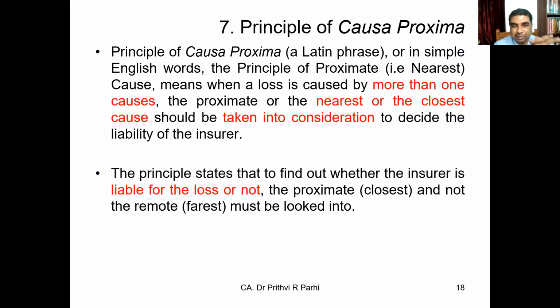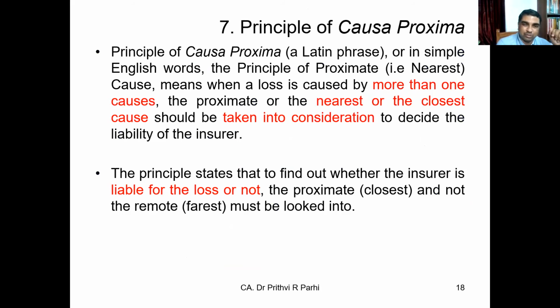The principle of causa proxima means the nearest cause. You must have observed that insurance policies are taken to cover various kinds of uncertainties. That means only those uncertainties which are mentioned there need to be covered.